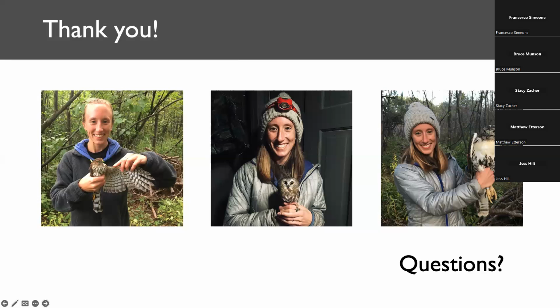Allison asked, is there anyone else doing similar work? Yeah, that's a good question. There definitely are people using stable isotopes for many different applications and also for birds. I try to at least make it somewhat clear that there are definitely limitations to this.